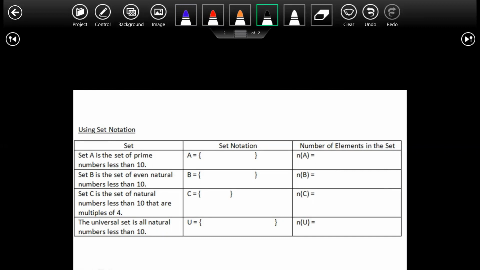The set A is the prime numbers less than 10. Can someone tell me what a prime number is? A number that can be divided only by one and itself, less than 10. Can you give me those numbers?